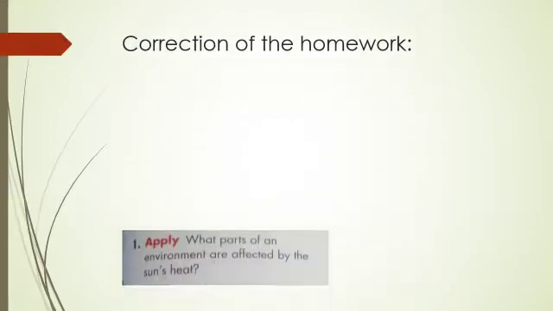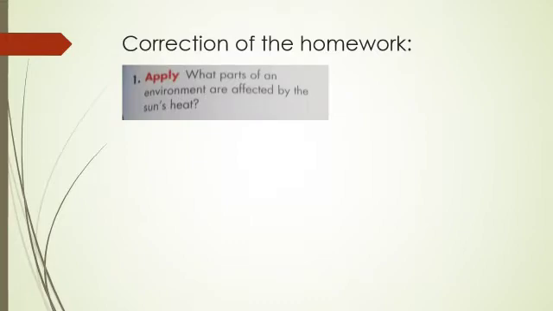Correction of the homework. Question number 1. What parts of an environment are affected by the sun's heat? Earth's air, water, and soil are warmed by the sun's heat. In other words, the sun warms the air, water, and land.